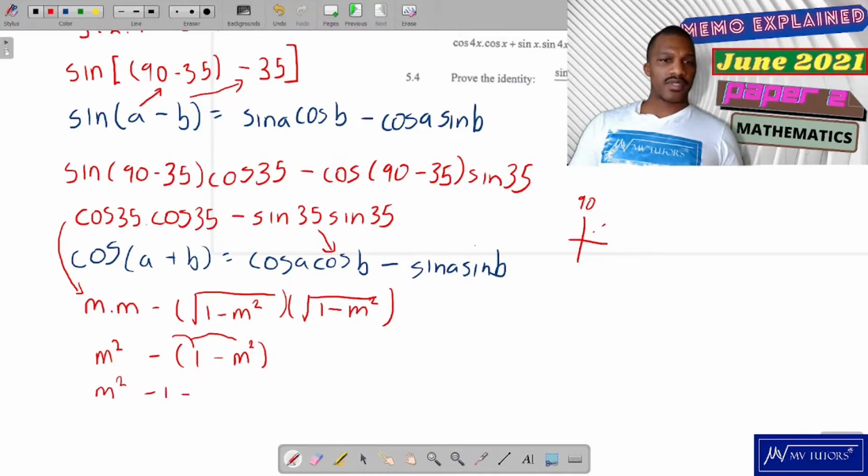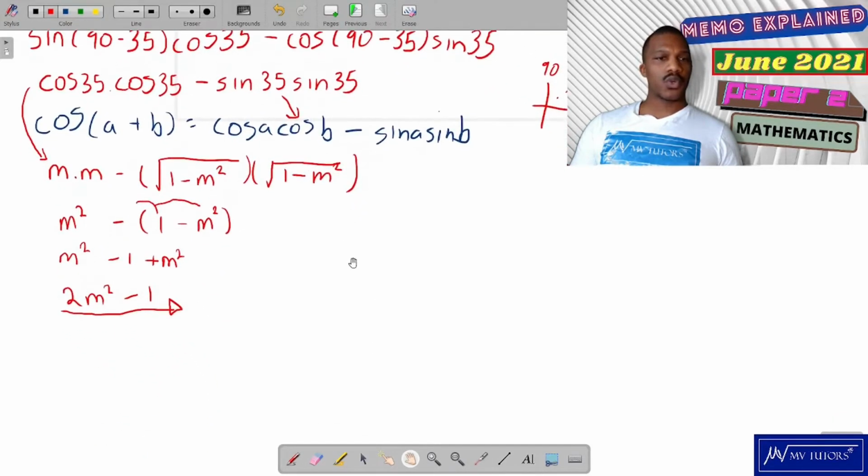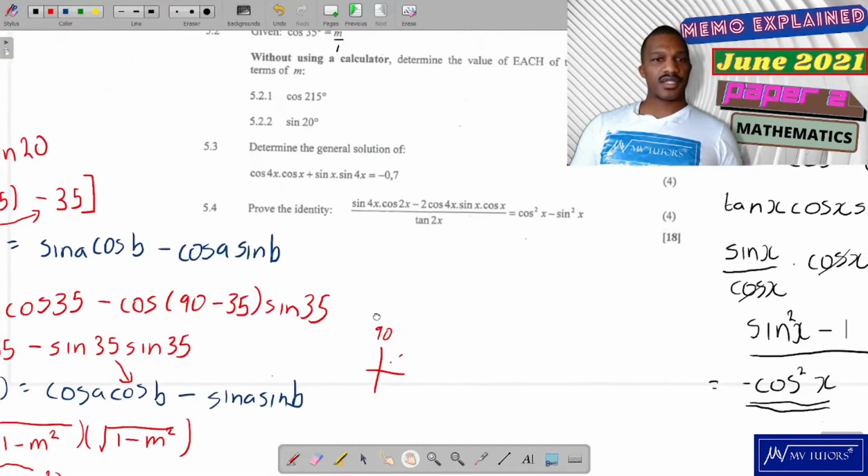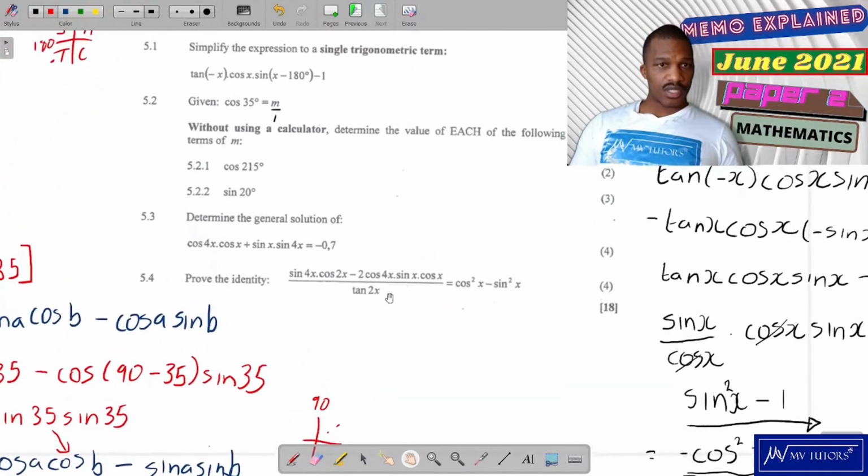Minus 1 times minus m squared is a positive m squared. And then finally, we're going to have m squared plus m squared, which gives you 2m squared minus 1. Now, ladies and gentlemen, that is your answer right there. Cool. All right, let's see the next question.